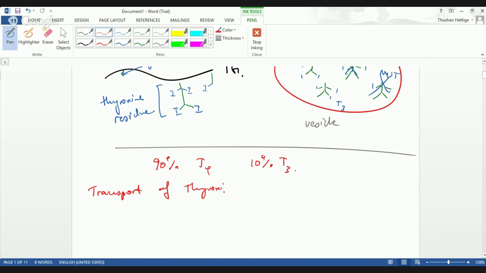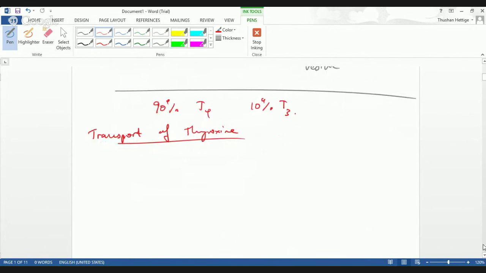So now let's talk about the transport of thyroxine. How is thyroxine transported around the body? Keep in mind that thyroxine is lipid soluble. That's why it has nuclear receptors in its cells as opposed to cytoplasmic or membrane receptors. Thyroxine is not particularly soluble in water, so it probably needs a binding protein. Good.